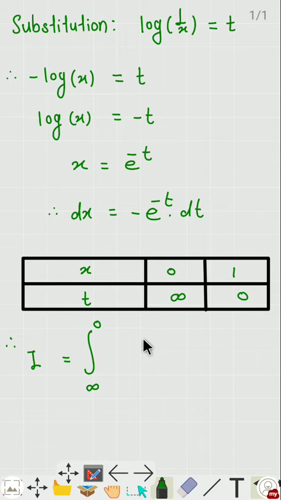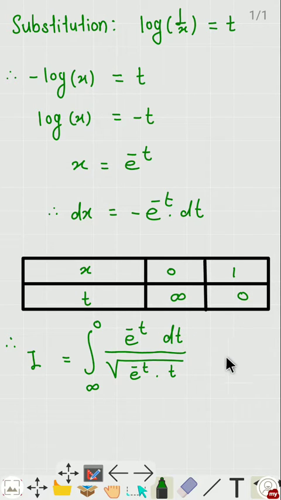And after substitution, what we get is e raised to the power minus t divided by square root of e raised to the power minus t into t dt.